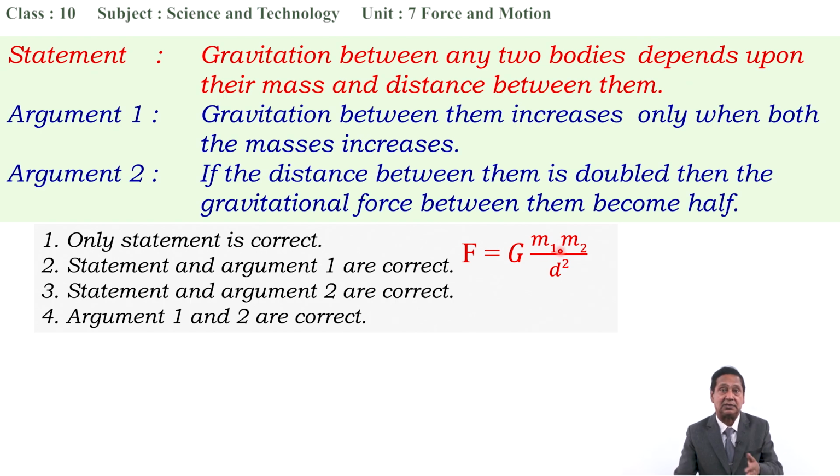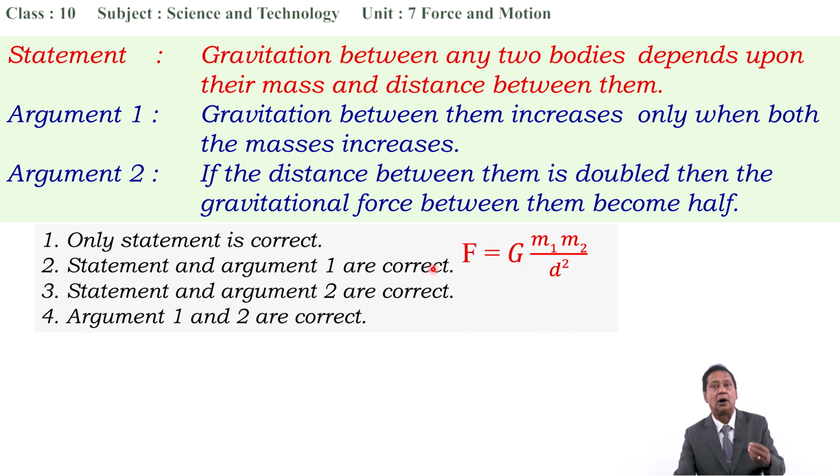If one mass increases, the product increases. That's why this argument is not correct. Gravitation between them increases only when both the masses increase? No, if one of the masses increases, then also the gravitational force between them increases. That's why the second option, statement and argument 1 are correct, is incorrect.